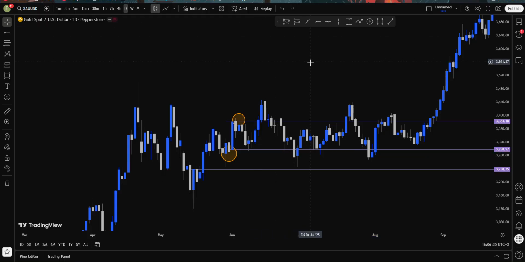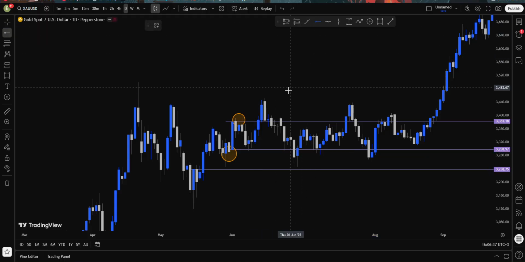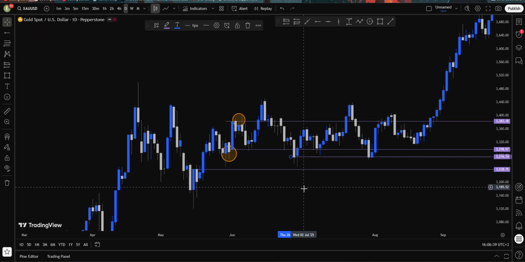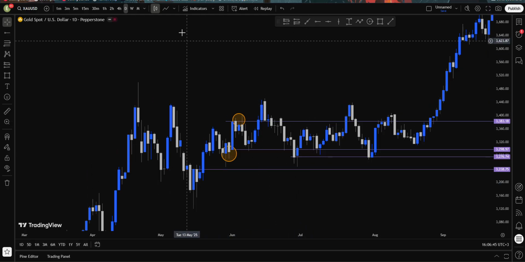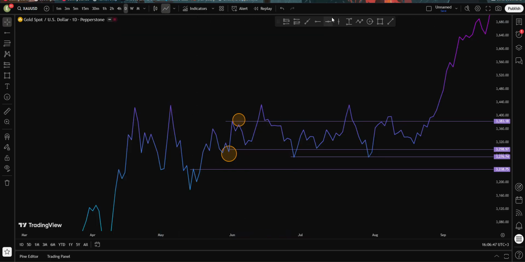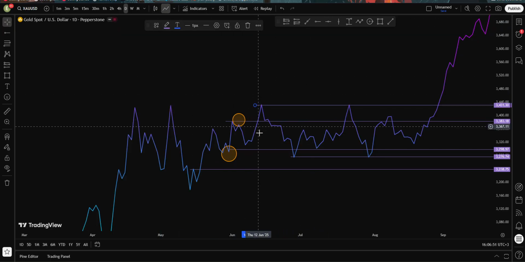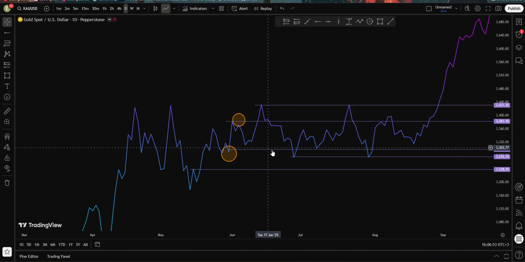You just mark where is my support region? It's here. This is my support region. The market is coming. Where is my resistance zone? It's here. Since this region has been liked by the market, of course the market will come back there.